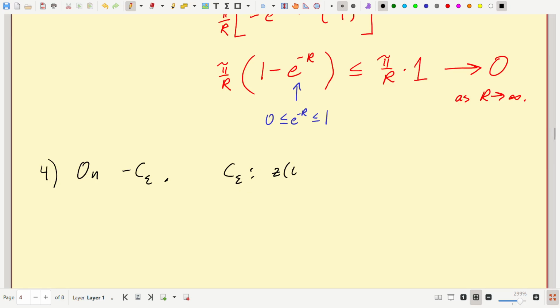So this is going to be counterclockwise. Epsilon e to the it as t ranges from 0 to pi.